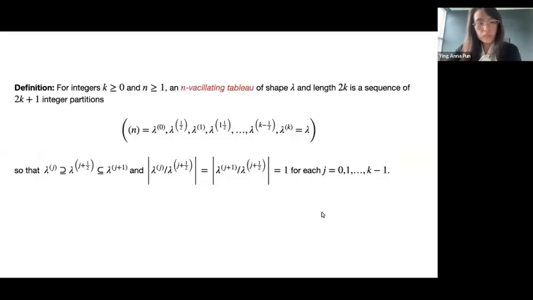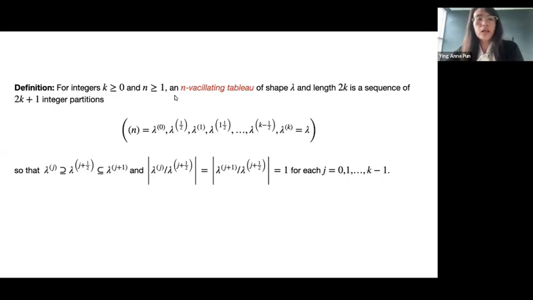For this talk, I'm going to tell you what a Vacillating Tableau is and what identities we proved, and hopefully that will interest you to look at our paper and see the different bijections that we have discovered.